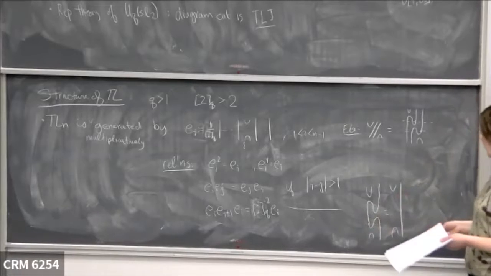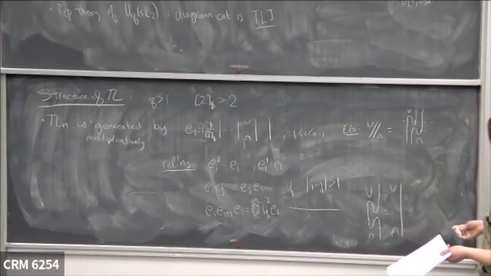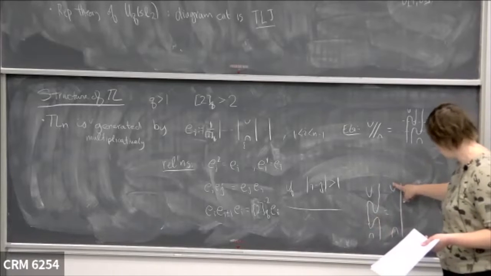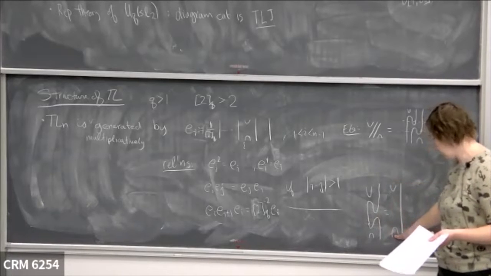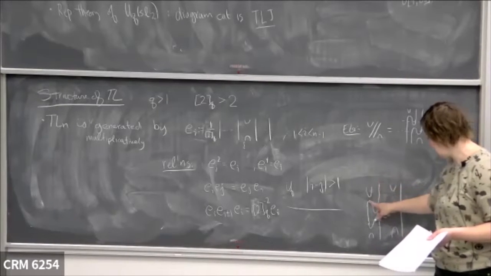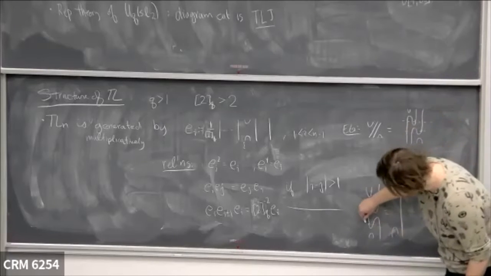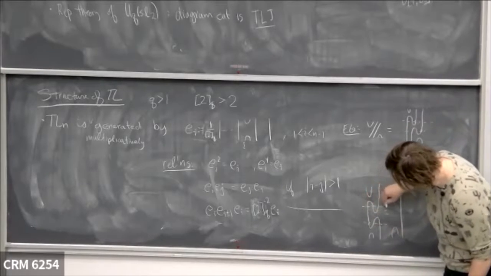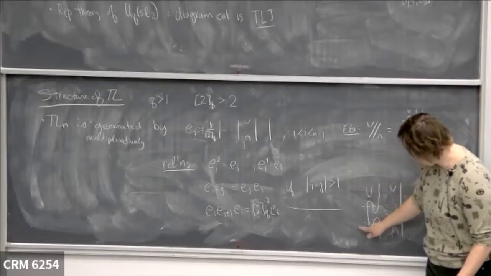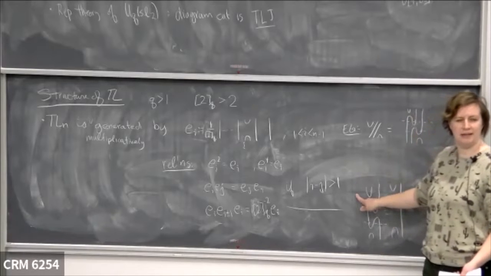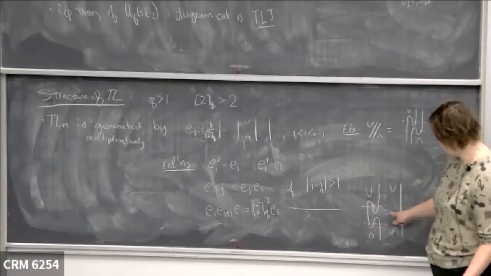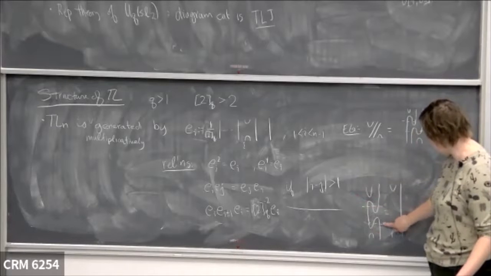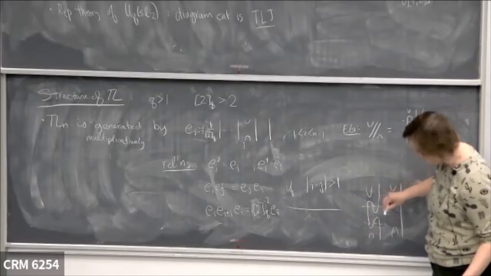You have a cup and a cap at the top and the bottom of that. Yeah, those. I'm just trying to figure out where those are coming from. Oh, right. So here is E1, there's E2, E1. There's an equality there. I thought this was one diagram. No, sorry, there's an equality here. Okay, that makes more sense. Yes, I was very confused.